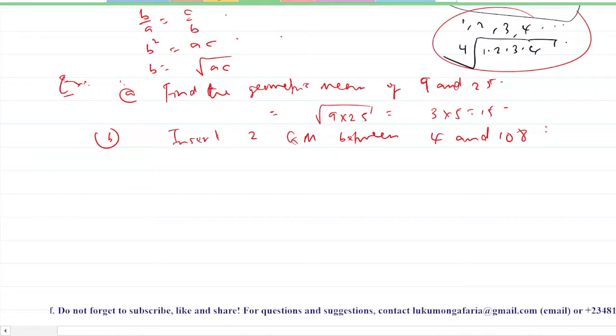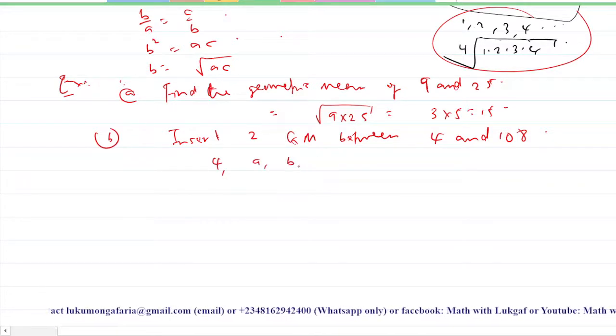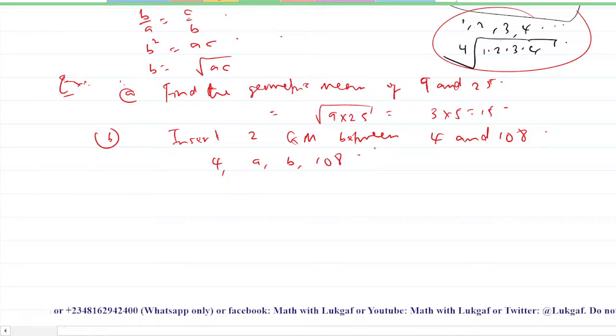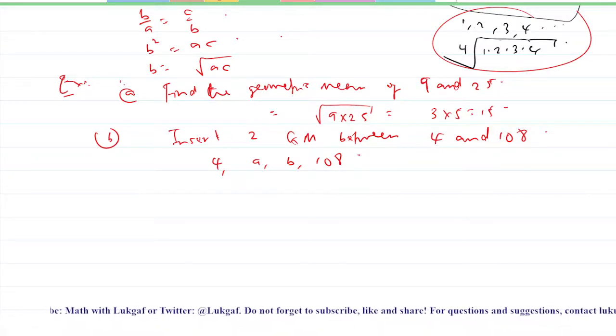If you are to insert two geometric means between 4 and 108, then you have your 4 here, then A, B to be the two geometric means, then 108. We now want to find the values of A and B, that is the two geometric means. With that, we can even find the common ratio, as well as the first term, which is obvious from here.